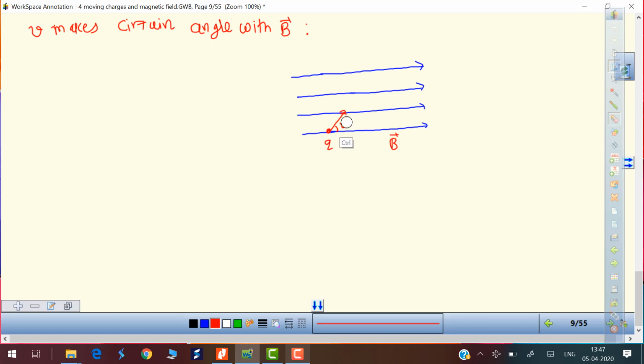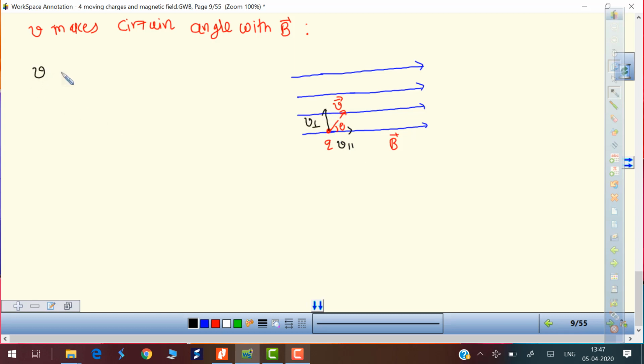So in this case, what is the shape of the path? Here V has two components. This is component V parallel and this component is V perpendicular.